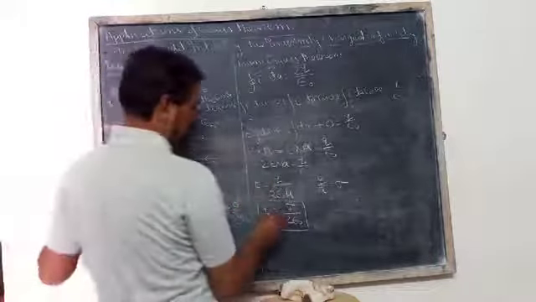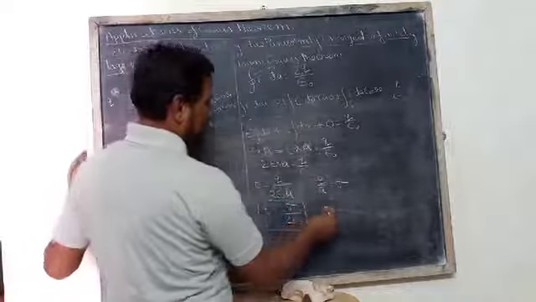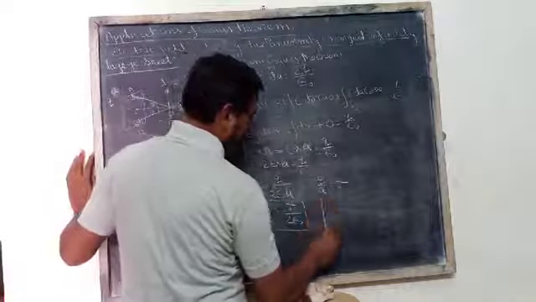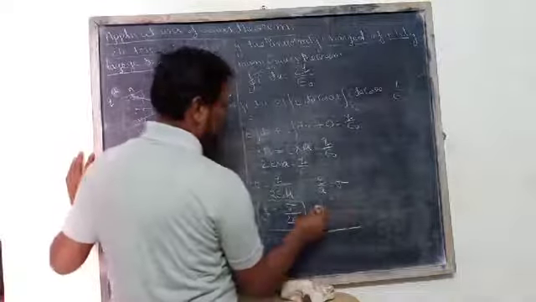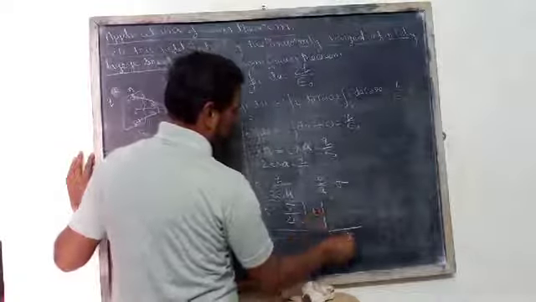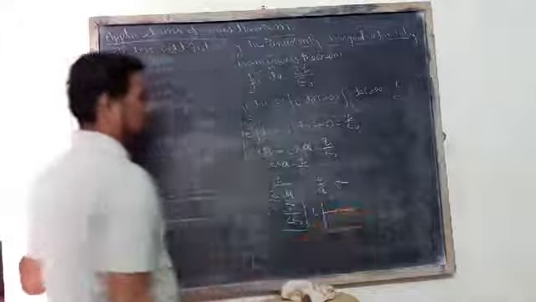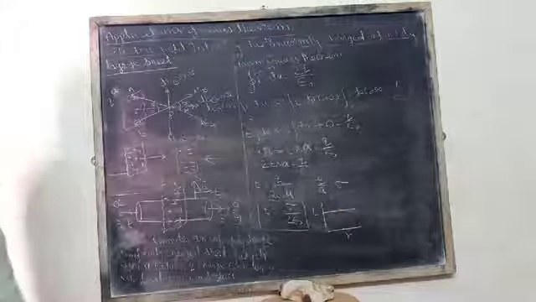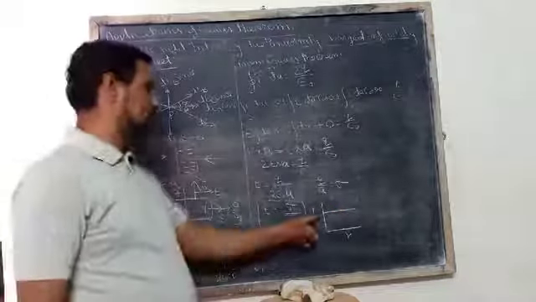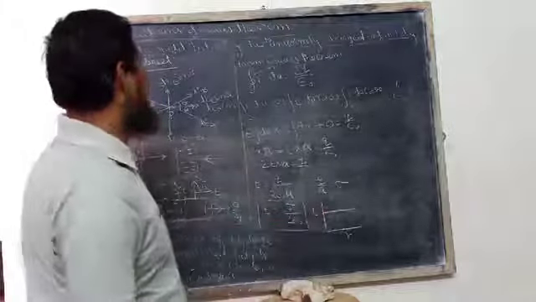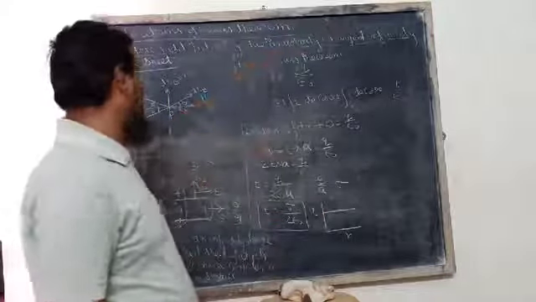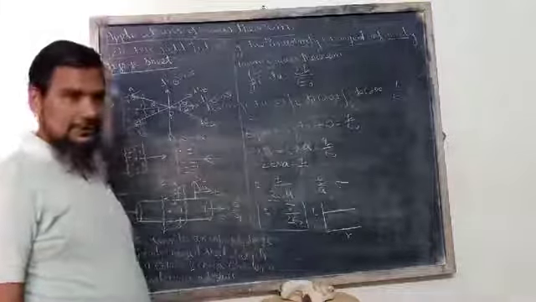Here we know that E is independent of r. So if we want to draw the curve between E and distance, it will be a line parallel to the distance axis. So this is the electric field intensity due to a uniformly charged and infinitely large sheet.